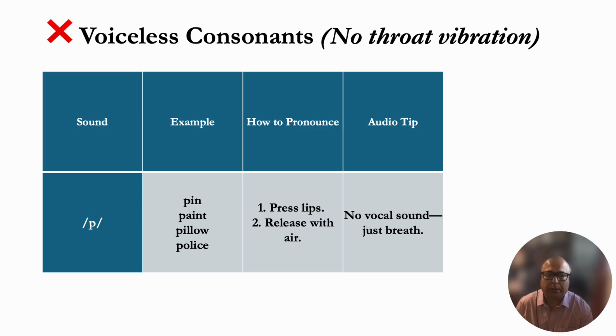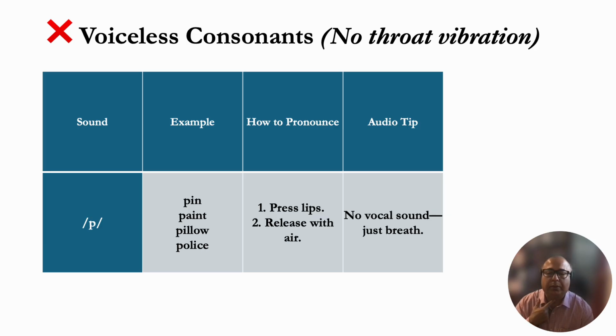Now this is important. If you noticed, there's a red X to the left of the voiceless consonants. Why is that? Notice that the throat does not vibrate, and that is why these consonant sounds are called voiceless.